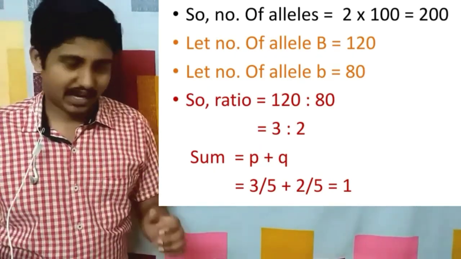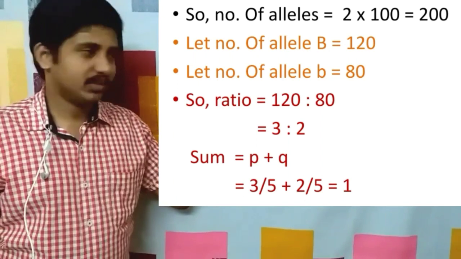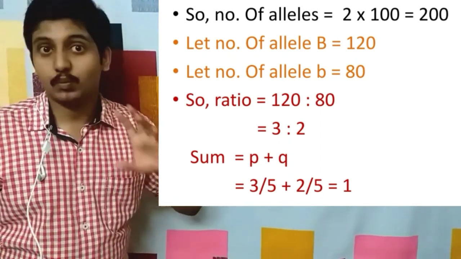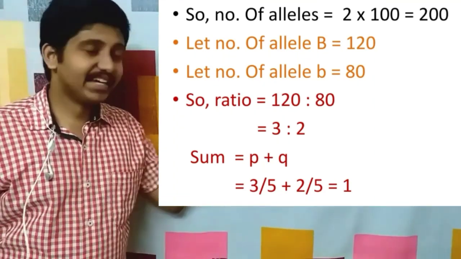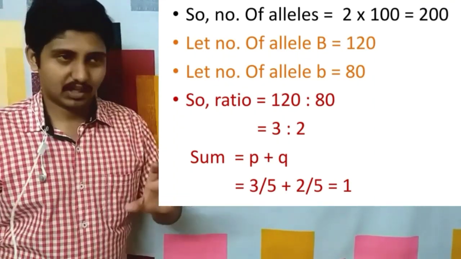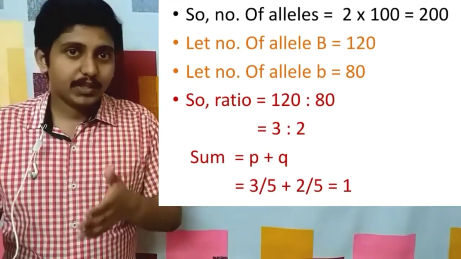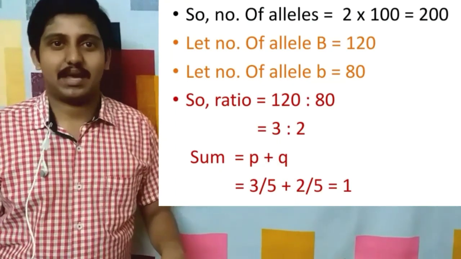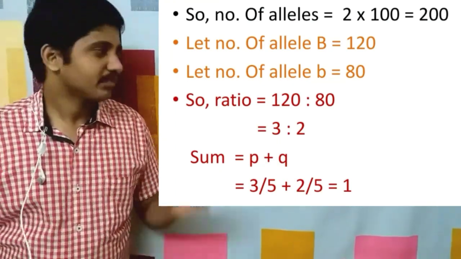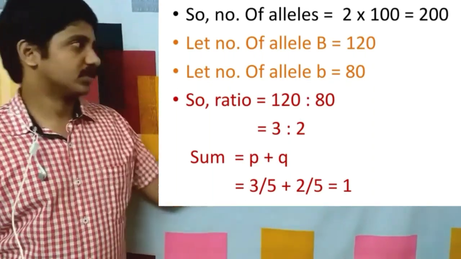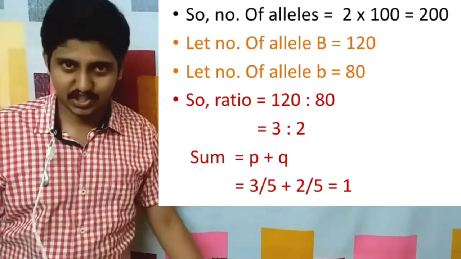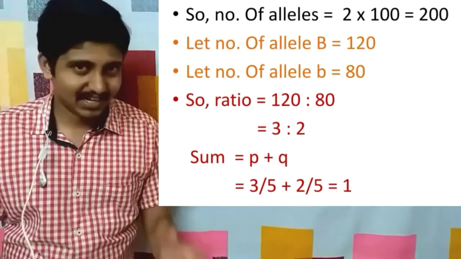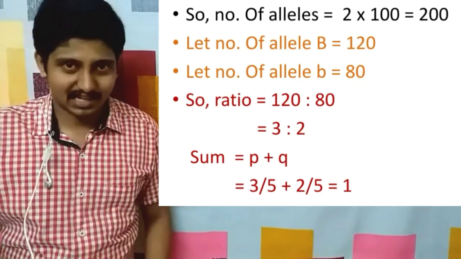Let's take, for example, that in this population with 200 alleles, we have 120 alleles as capital B, for black color eye, and 80 alleles coding for brown color. Then that 120:80 ratio, that is 3:2 ratio, remains the same over generations. That is, the same ratio will exist for the next generation of the same population. This is what is meant by the Hardy-Weinberg principle, and there are certain conditions which I will mention at last.